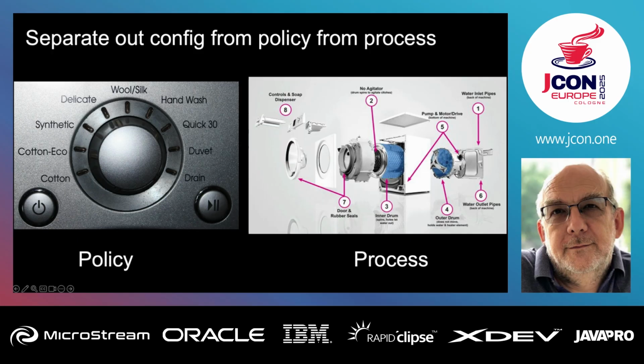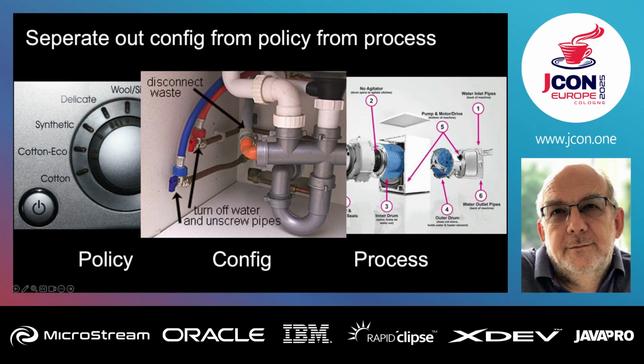And then the third one, which is config, is usually the bits of your API instantiation that aren't going to change the whole time it's running in this JVM. So the config for a dishwasher is going to be, hey, do I have hot water or cold water? Do I have both? What's the drainage?